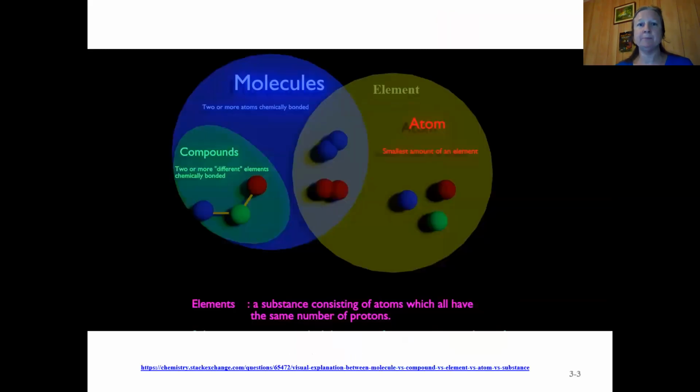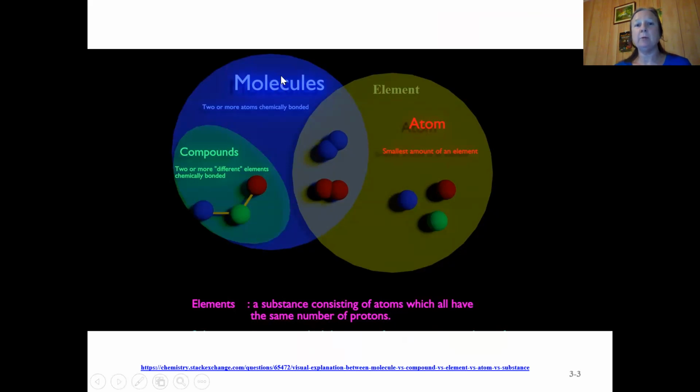Okay, so I like this visual. If you remember last class, I talked about some of the definitions we use. So we have an element, which encompasses either a single atom or atoms joined together chemically. They're still elements.